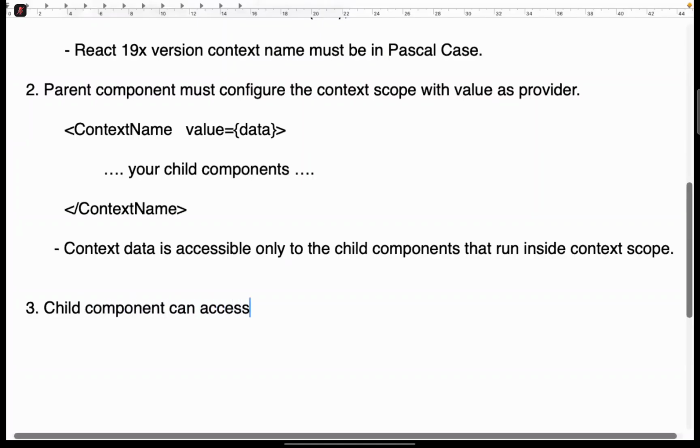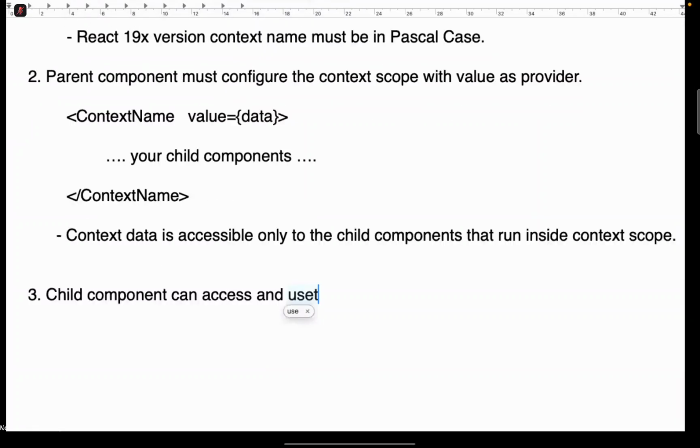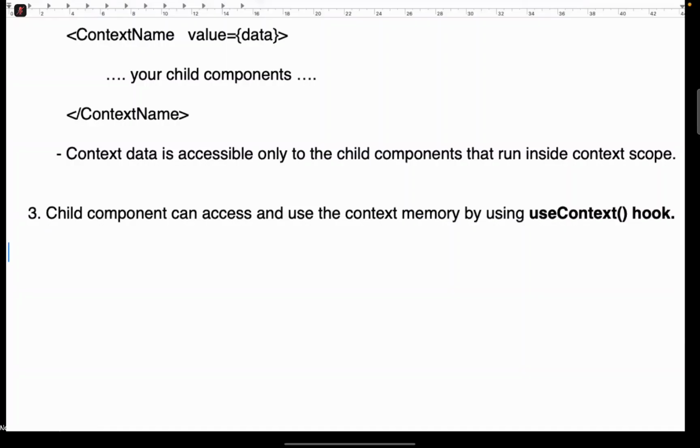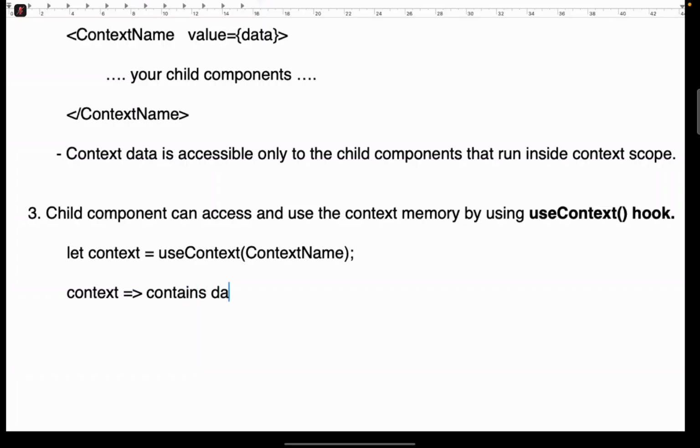can access and use the context memory by using the useContext hook, and the context name. So context contains data from the parent.